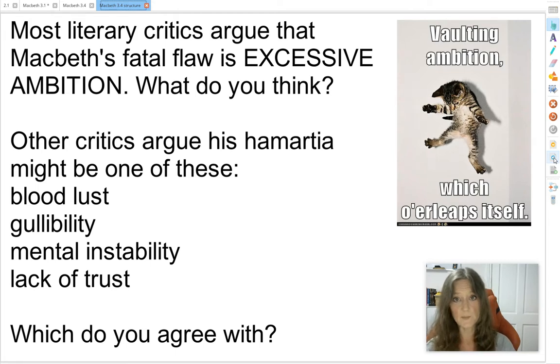So I think gullibility, so not being so bright, but also believing what he is told. He believes the witches, he goes back to the witches, he doesn't understand the way that the witches are playing with language to manipulate him. So I think gullibility is a real flaw in Macbeth's personality. He's not the brightest, and he believes literally too much of what he's told.